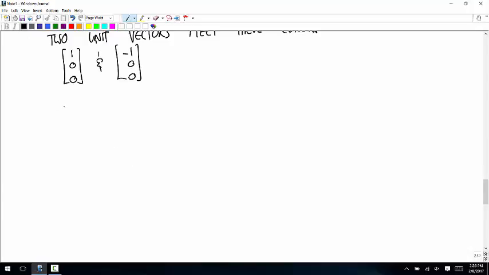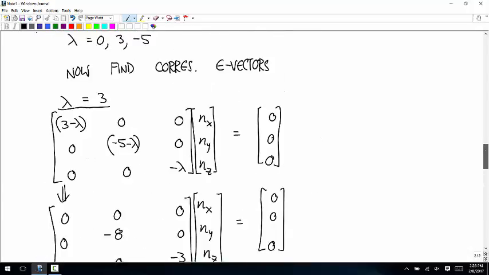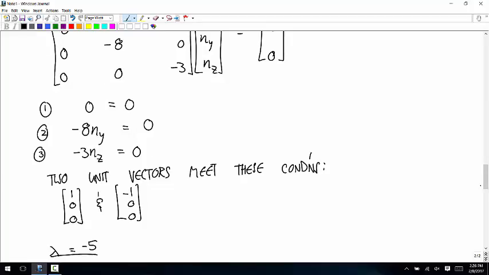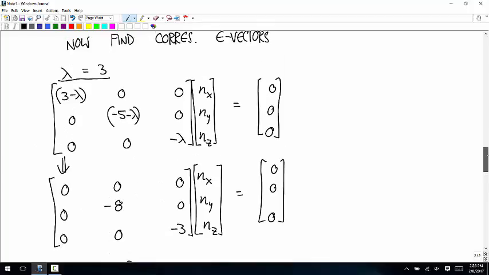Remember, we got this equation by putting lambda equals 3 into this. And this 3 corresponds to whatever unit vector we get in the calculation.